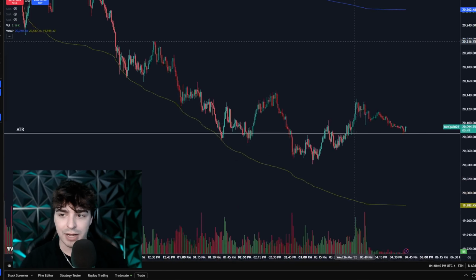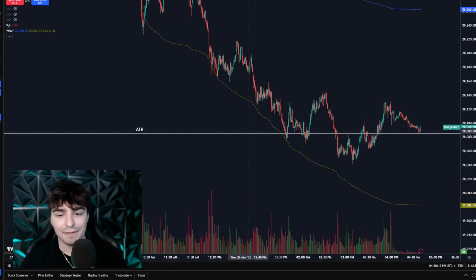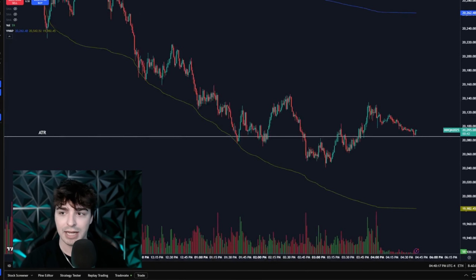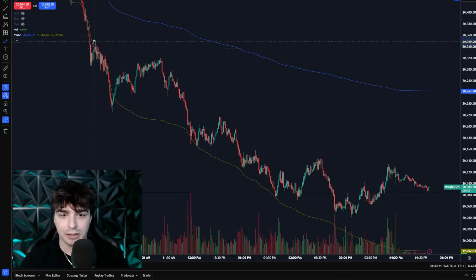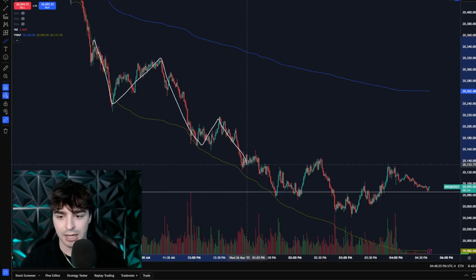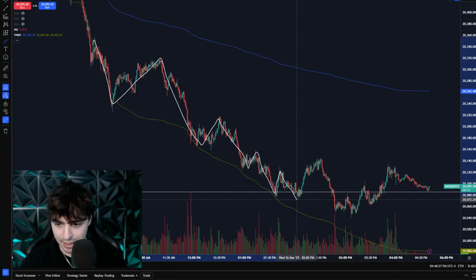Now, if you're a trend trader, not only do you always know the trend, you also now know if you are early in the trend or late in the trend, because watch what happens when we start getting towards this ATR. Price begins to struggle to remain in its downtrend. Before the ATR, we have pretty much effortless lower high, lower low, lower high, lower low, lower high, lower low.